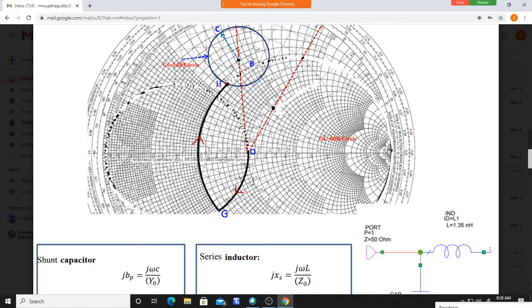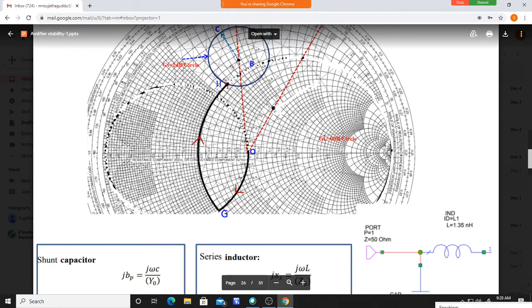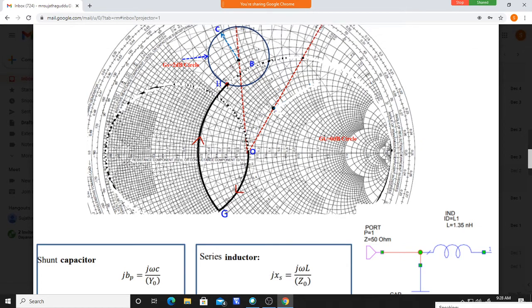Earlier we were changing a random impedance to 50 ohm, but here it is the converse. 50 ohm is there, but you should get whatever you need. Just the converse, that's all. Nothing is a great difficulty here.